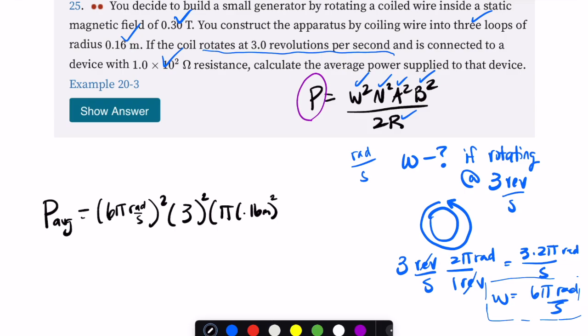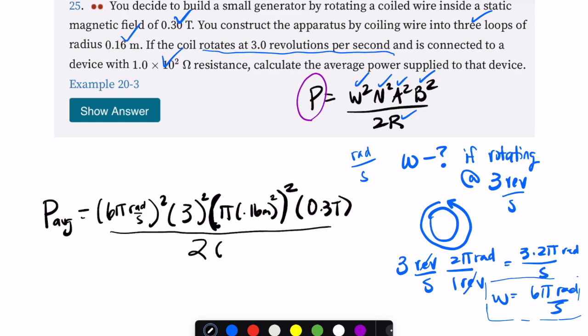We're going to square the radius, and then we're squaring that whole term. So be very careful with your algebra here. That's the sneaky part. And then B was 0.3 Tesla. And then we're dividing all that by 2 because of the average. And then the resistance, 1 times 10 to the 2, is 100 ohms. All right, plug all that stuff in.